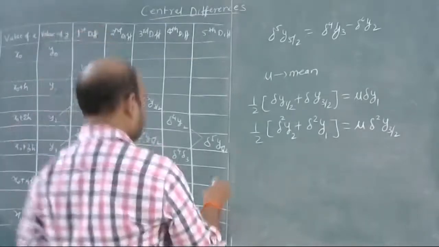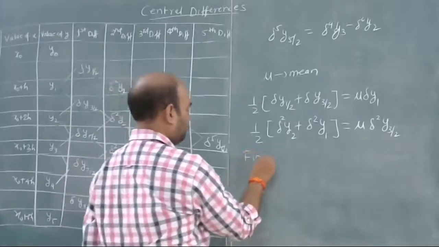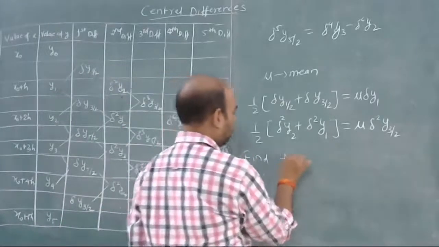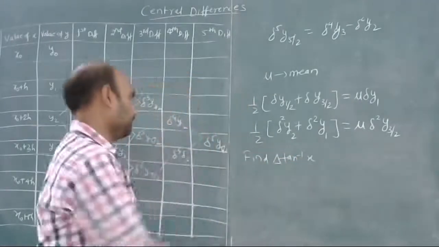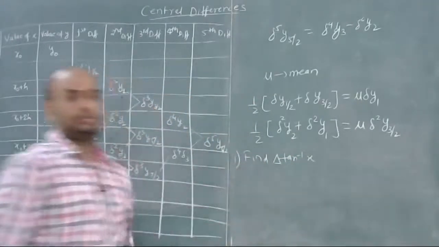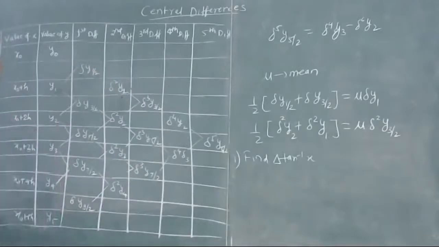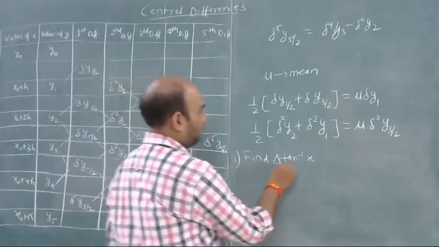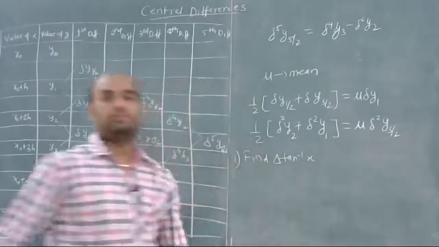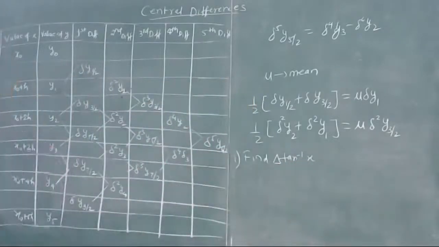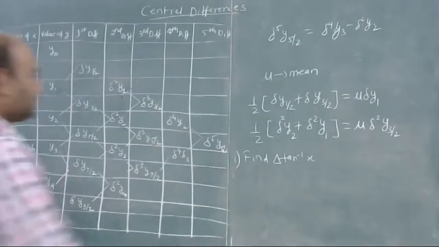Now next question: find del tan inverse x, the forward difference of tan inverse x with step h. So what is this del?